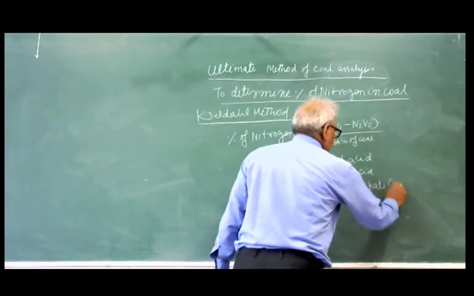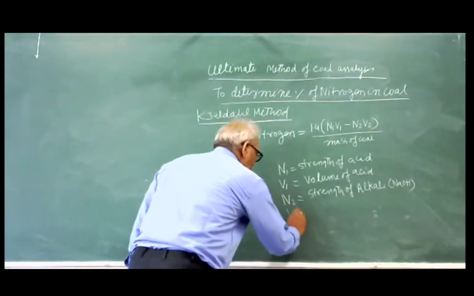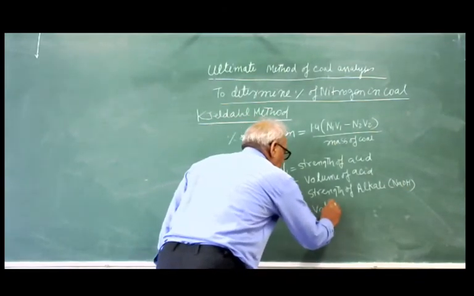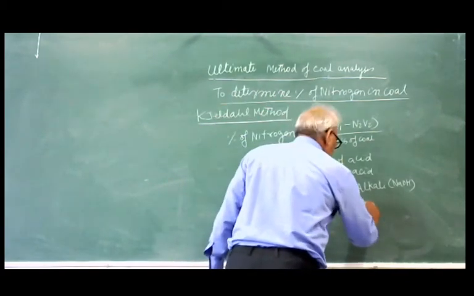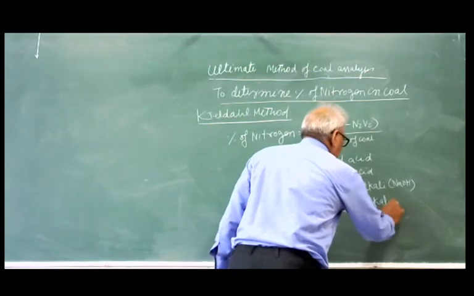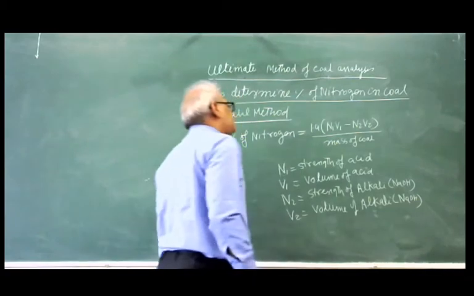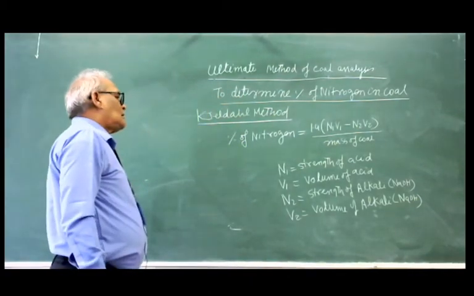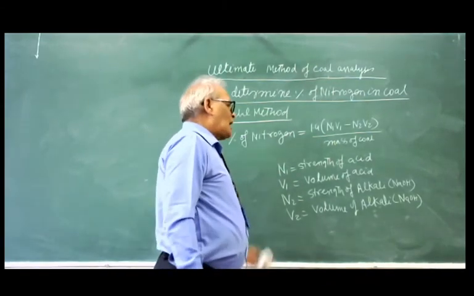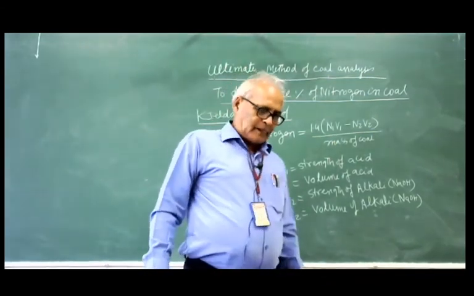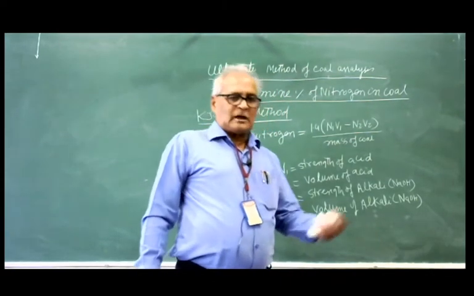Alkali means NaOH. V2 is the volume of the alkali. So you can apply the formula and you can calculate the percentage of the nitrogen.